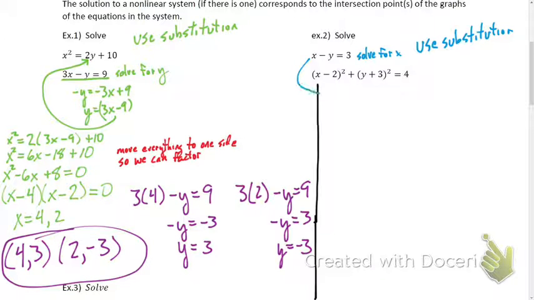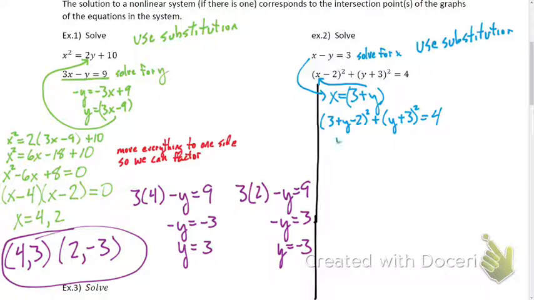So that equation becomes x equals 3 plus y. And I want to plug that in for x right here. So just be careful when you do it. We have 3 plus y minus 2, y plus 3 squared, all equals 4.